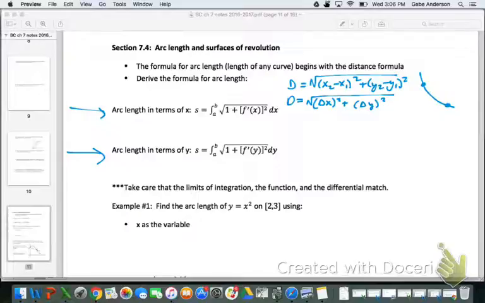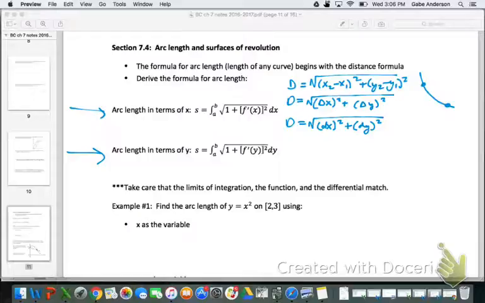So I'm going to further adapt this and say distance equals square root of, instead of delta x, I'm going to write dx squared plus dy squared. We'll calculasize it a little bit. And then, as suggested, we're going to use an integral.